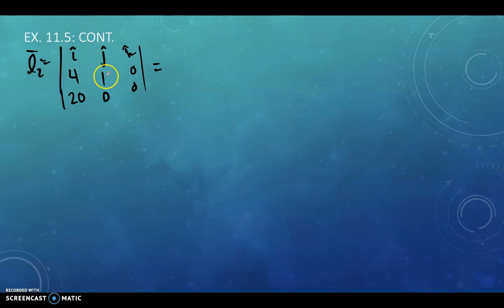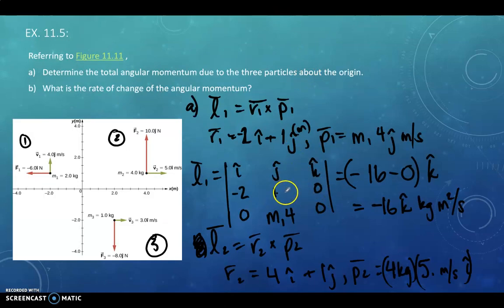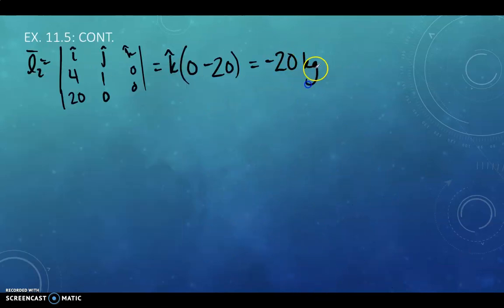So if we have i, we have 0 minus 0. For j hat, we'll have 0 minus 0, so we're left with k hat. And we have 0 minus 20. So we have negative 20. Let's look at our units real quick: kilogram meters squared per second in the k hat direction.